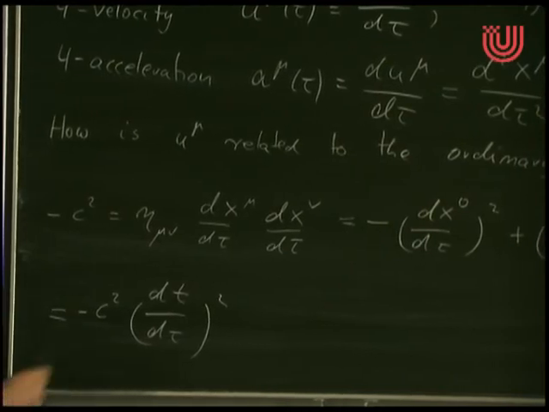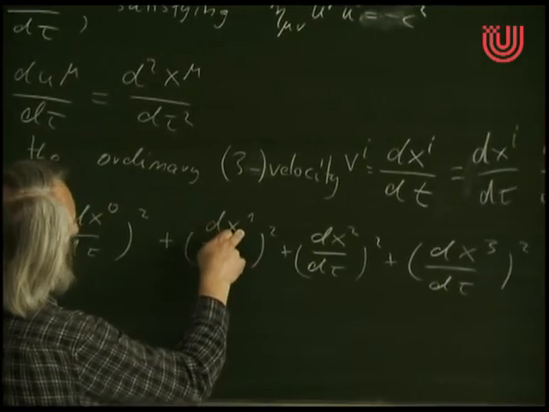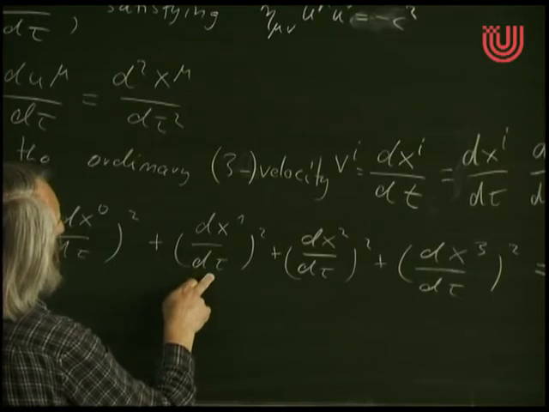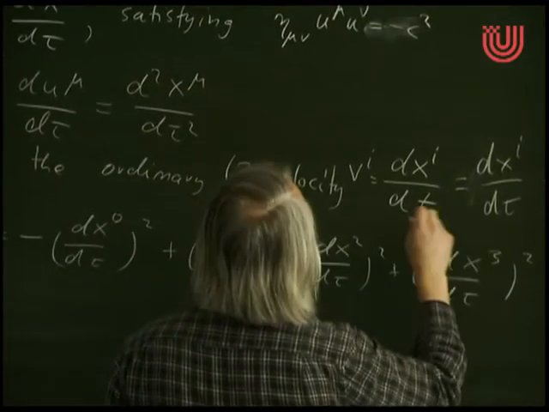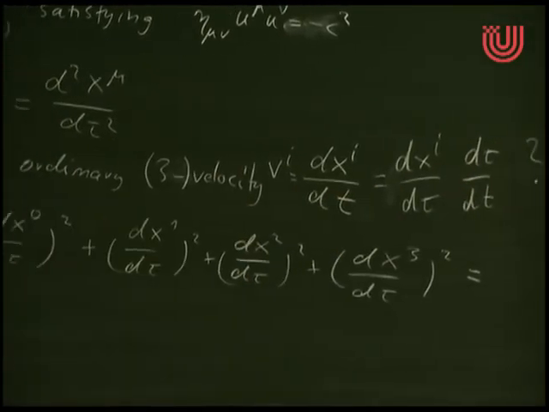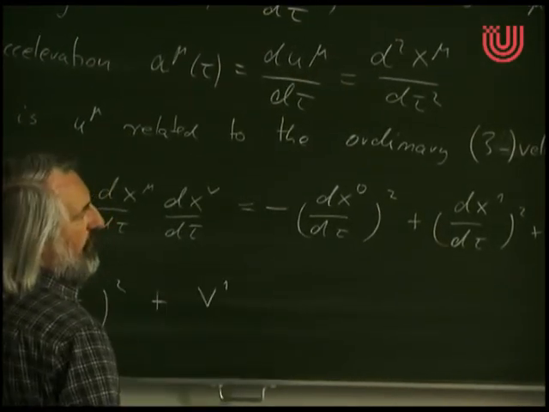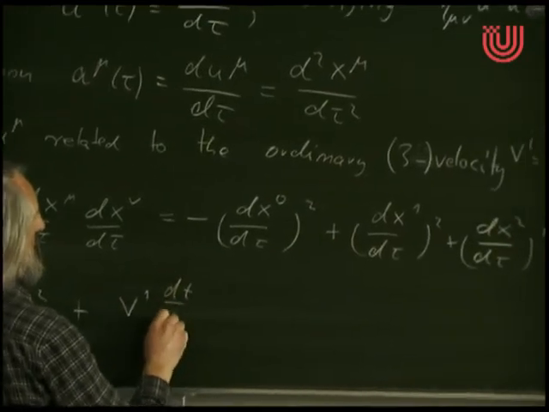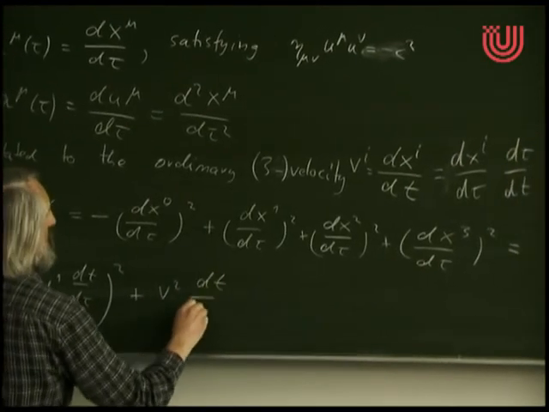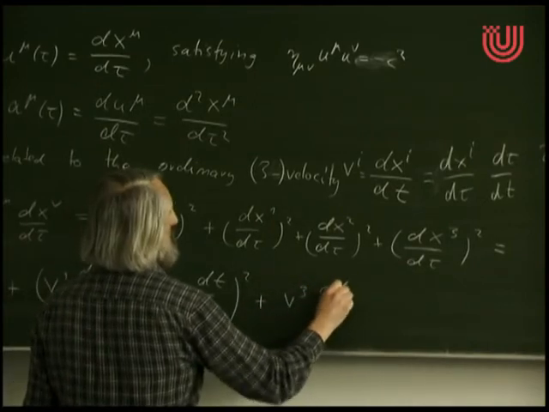That's why I do the calculation. I want to find out what this is. And what I get here is, well, it's not dx^i by dt. This would be my v. It's dx^i by dτ. So I can write it in terms of the v if I multiply by this expression. Okay, let me write it slowly. So this would be my v^1, that's dx^1 by dt, and then dt by dτ, and the whole thing squared. Plus my v^2 times dt by dτ, and the whole thing squared.